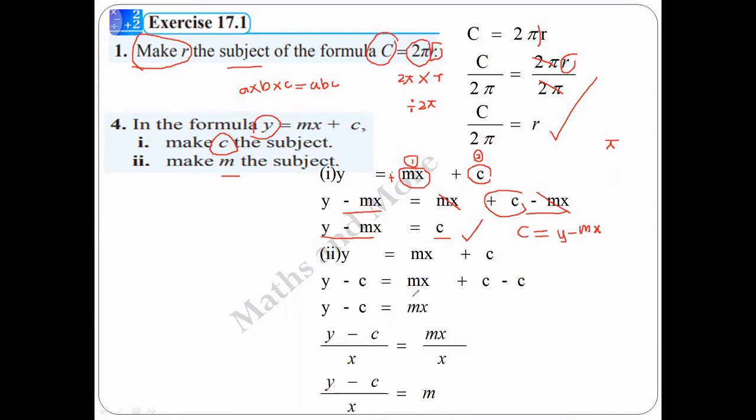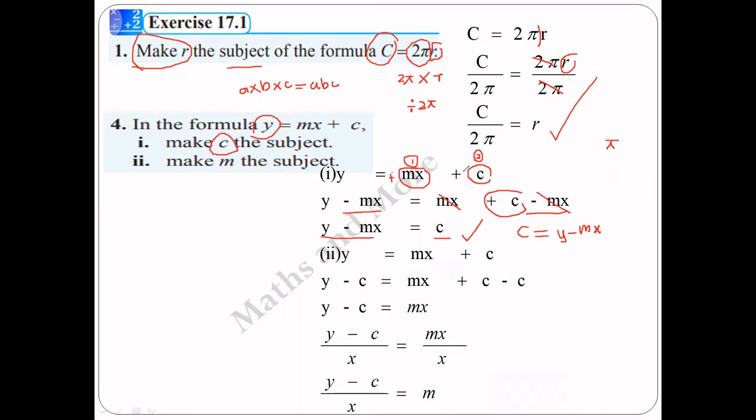Again write the formula. M is here, so you have to keep m on the right hand side. If you want to keep m on the right hand side, first you have to remove this c.